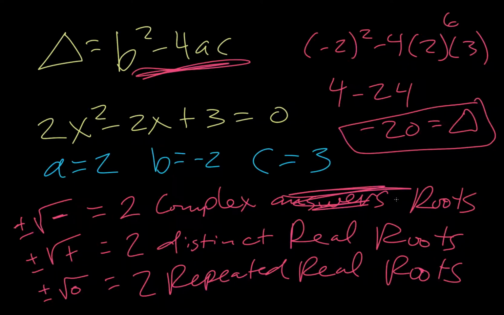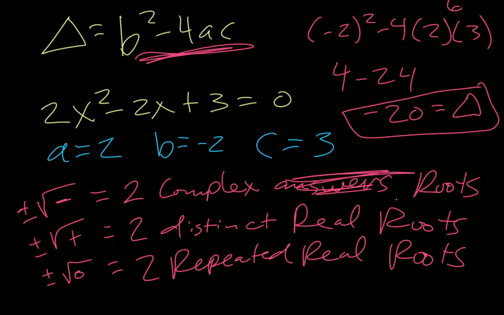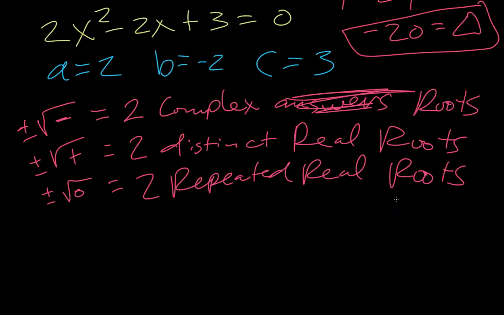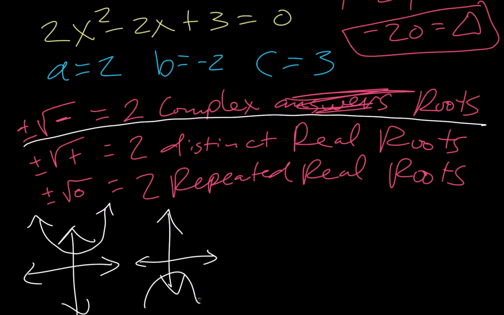Now, just to show you on a graph what these mean, move this up here. So this first one, the first case, we'll do in white. Graphically, it's just going to be something like this, or something like this.